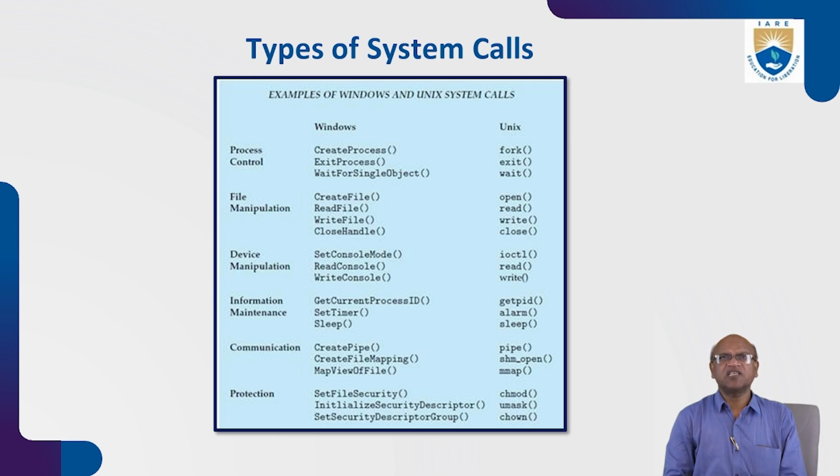So what about device management and device manipulation? What are the system calls in Windows? SetConsoleMode, that is ioctl, and ReadConsole, read, WriteConsole, write. Then information maintenance: GetCurrentProcessID, that is getpid in Unix. SetTimer, alarm is the system call in Unix.